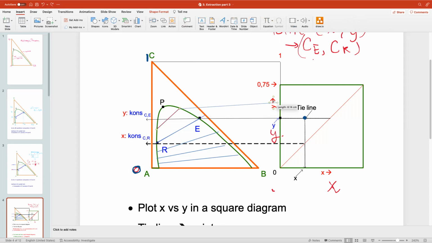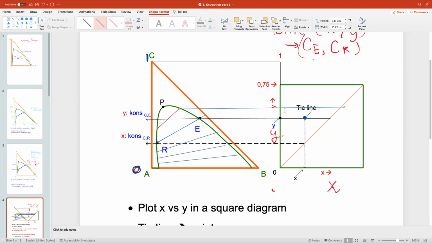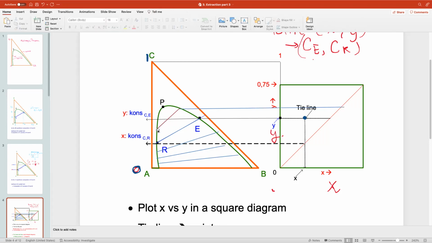So the y for the extract, draw horizontally there. Got it. So this is going to be the y for that point, for the plate point. And then for the x, the E over here correlates with the raffinate over here.